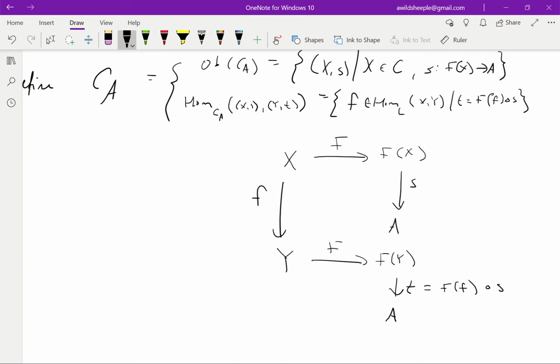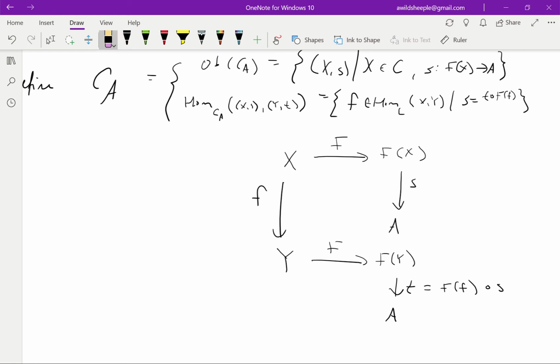So first I have to do s to get from F of x. Is that right? I'm confused now. No, this is backwards. What I want is s equals t composed with F of f.